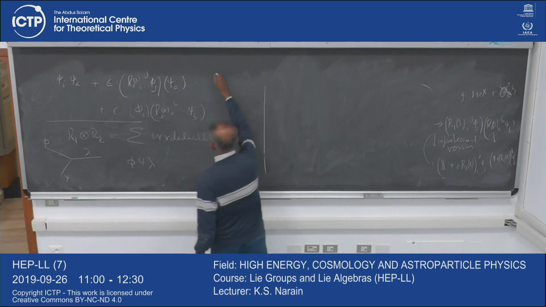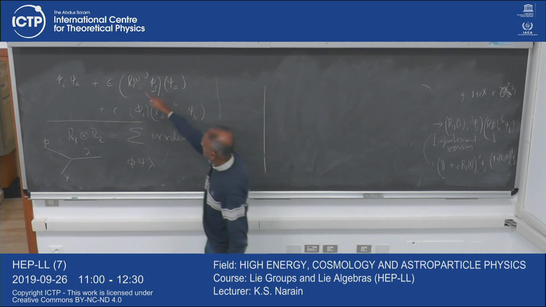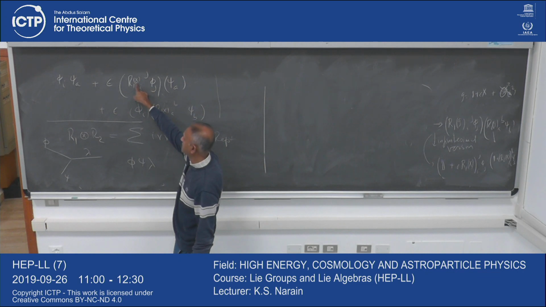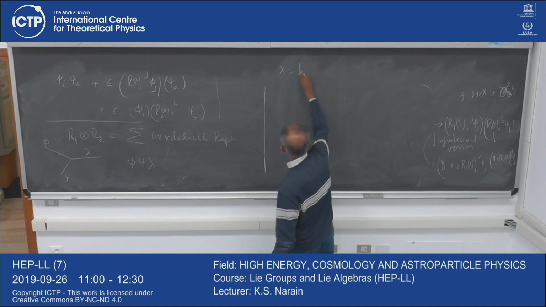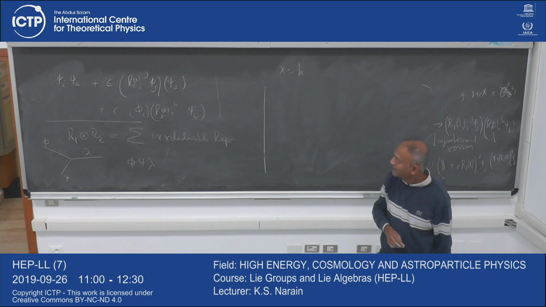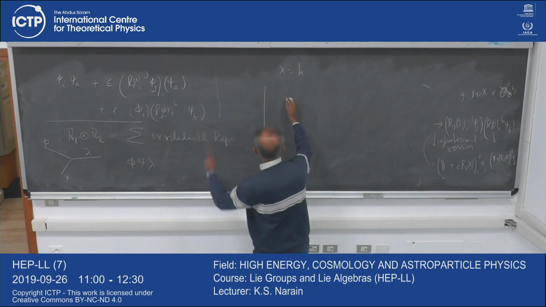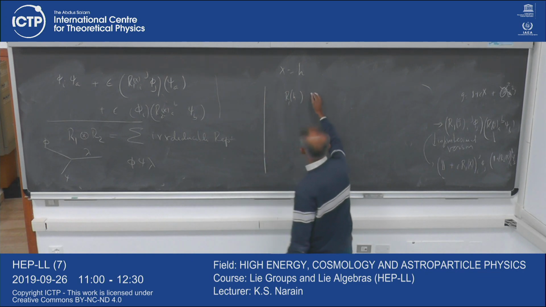Okay, so let's look at the SU2 case. This is for arbitrary x, but let us study what happens when x is equal to H, the Cartan generator. In that case, what you will get is R1(H) acting on phi, psi.